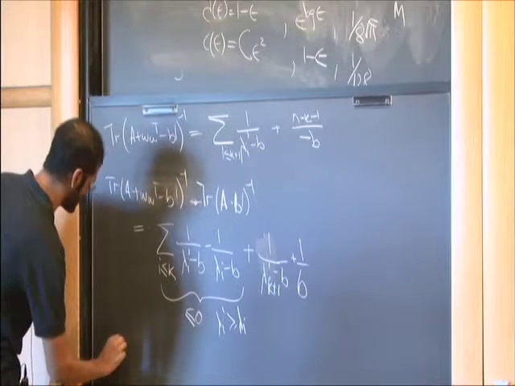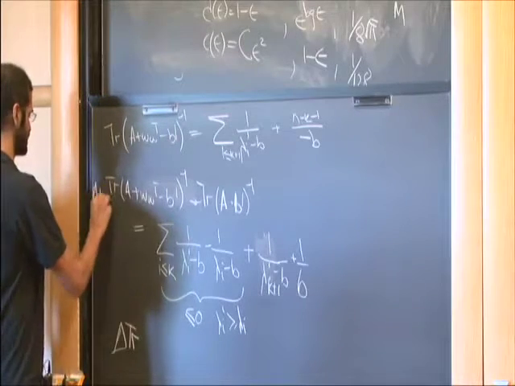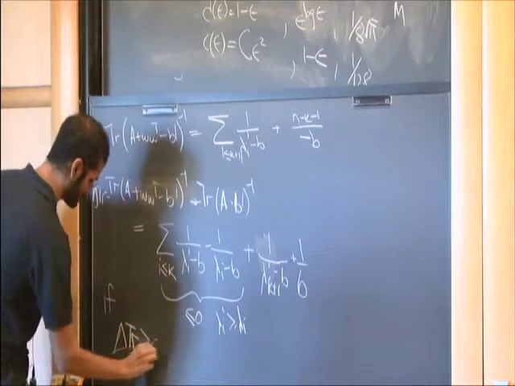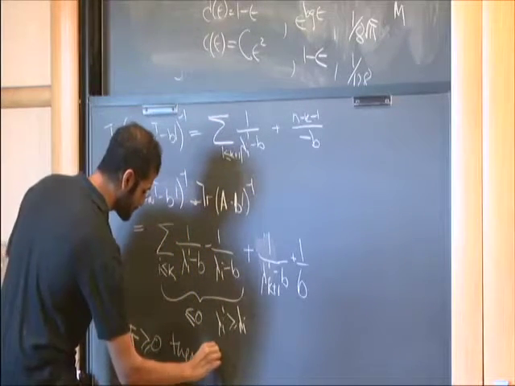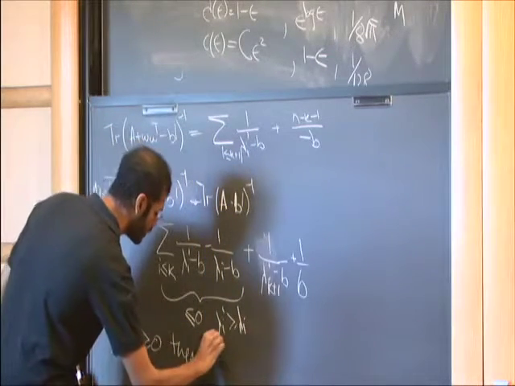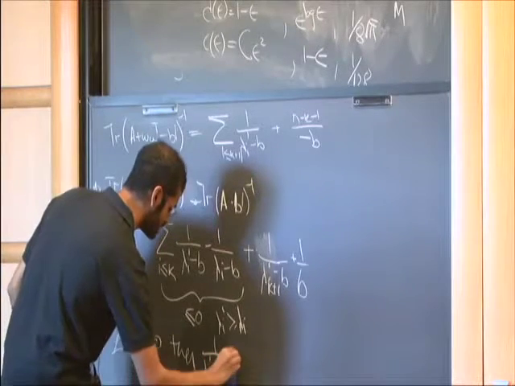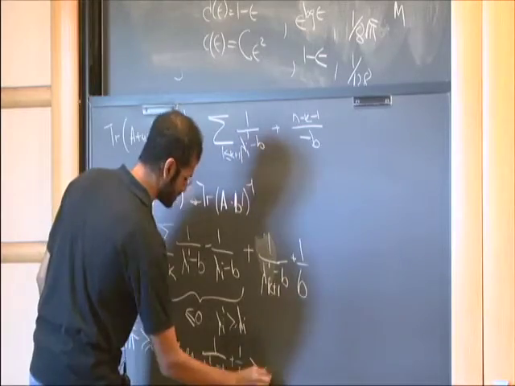So in particular, this change in trace, I'm going to call this thing delta trace. If this thing is positive, then 1 over lambda k plus 1 prime minus B plus 1 by B must be positive, right?